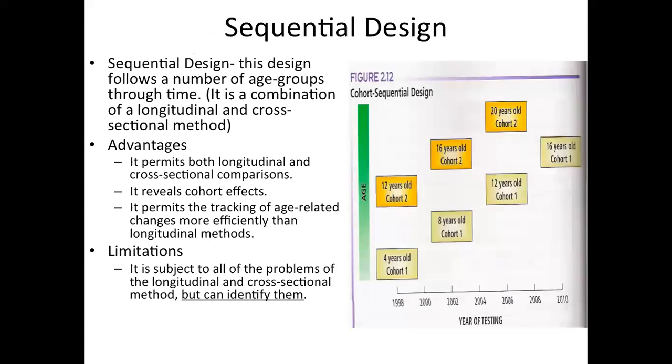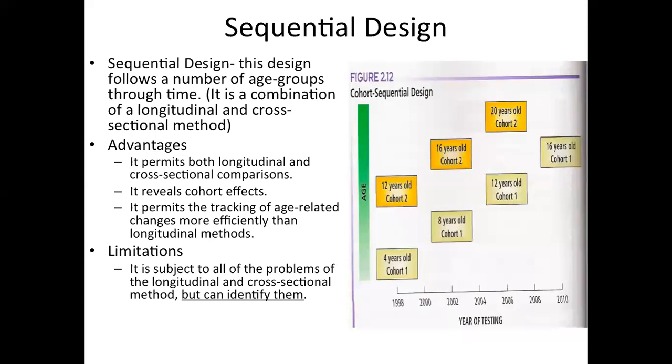So there is a third approach. A third approach is what we call a sequential design. As I said, you might hear it referred to as a cohort sequential design because you're having multiple groups through time, or you might hear it referred to as a cross-sequential design. So what is a sequential design?